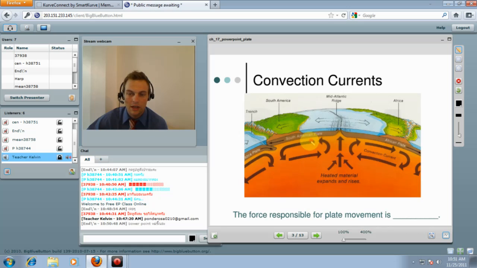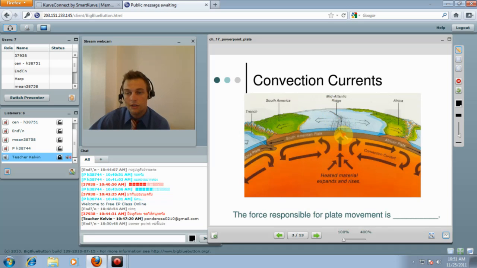As this moves out, then more molten lava moves up, and this is the Mid-Atlantic Ridge, and there's different types of plate boundaries where one plate meets another plate, and the main two types are convergent and divergent.